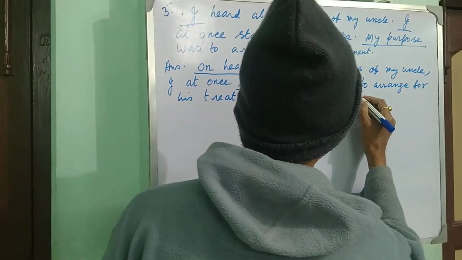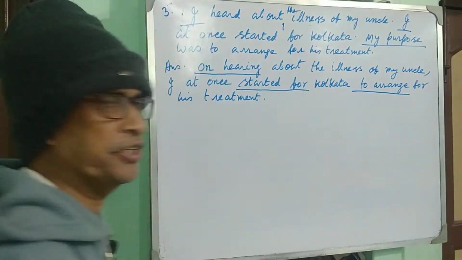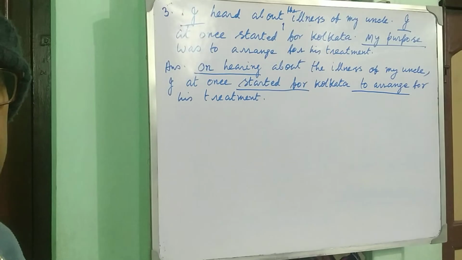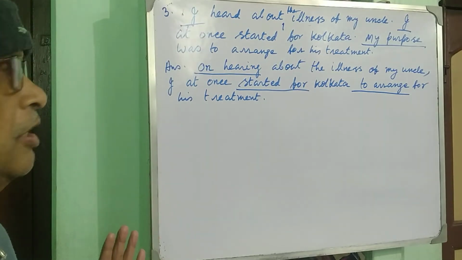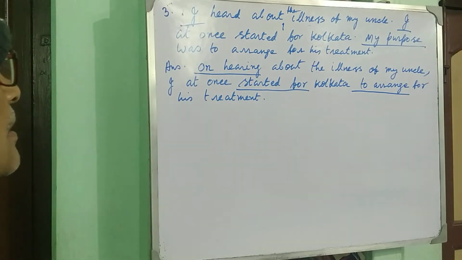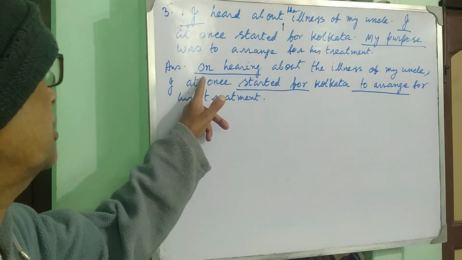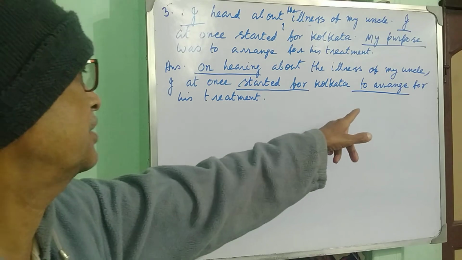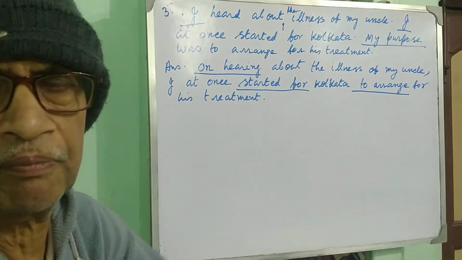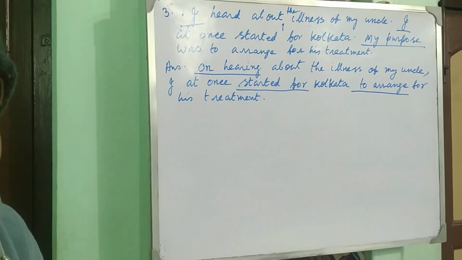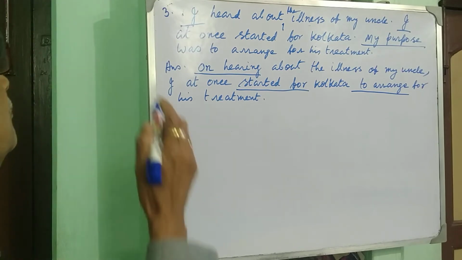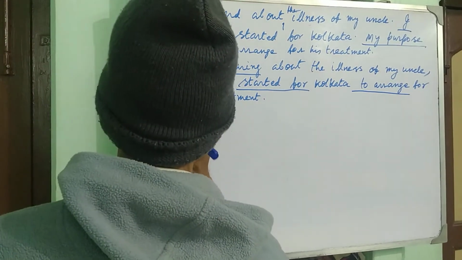To arrange is infinitive. To plus present form of the verb is infinitive. So, in this sentence, I have used two different methods. One is preposition plus gerund and the other is to plus present form of the verb, that is infinitive. Okay? Let us come to the fourth sentence.